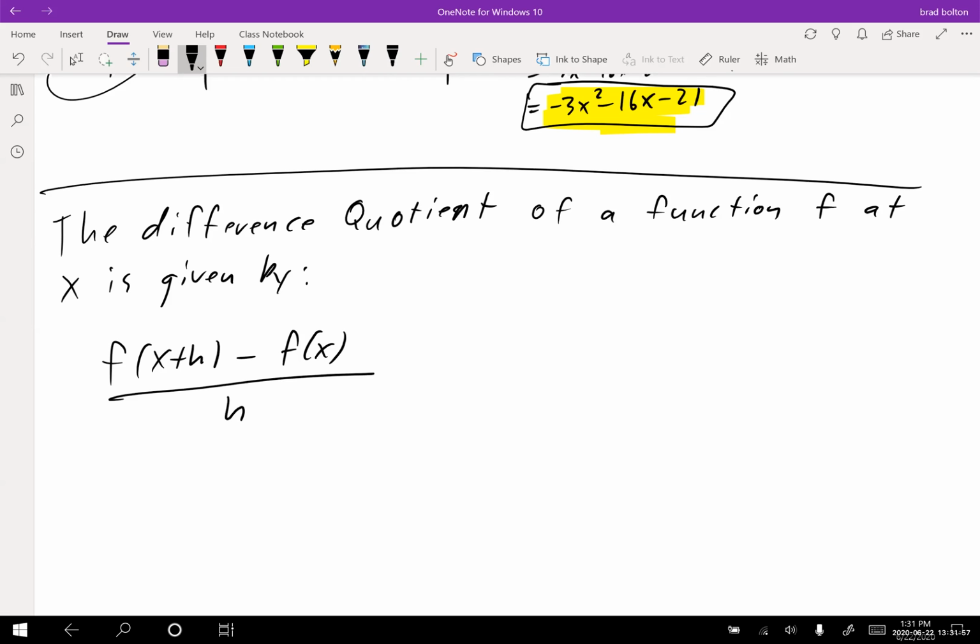Okay. So this is a simplified version of the difference quotient because technically there's actually cancel, h cannot equal 0.